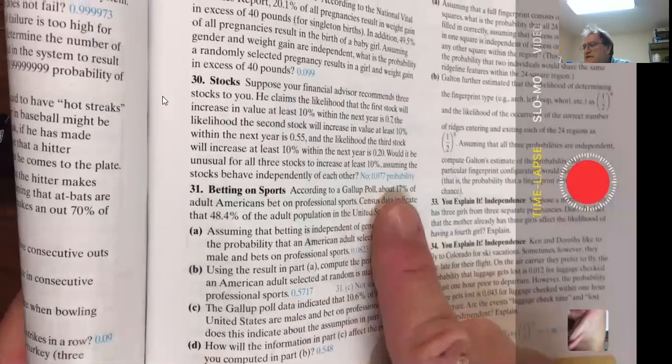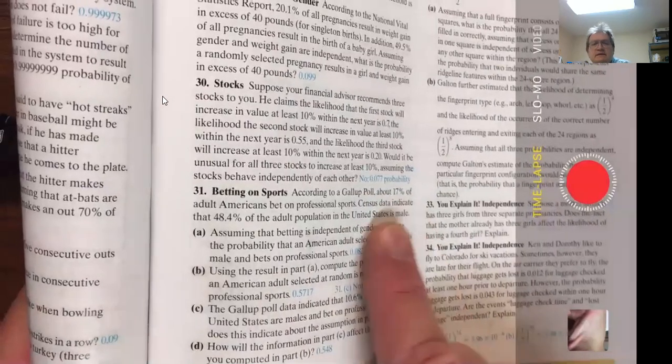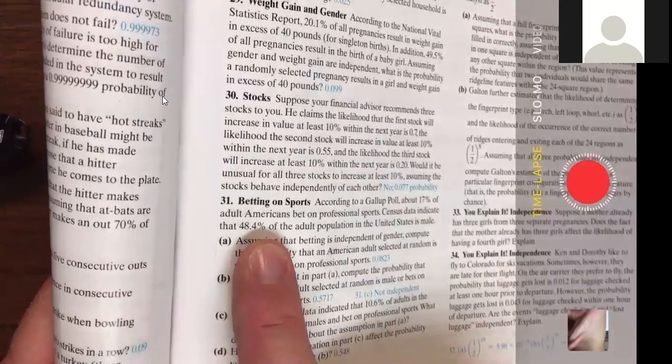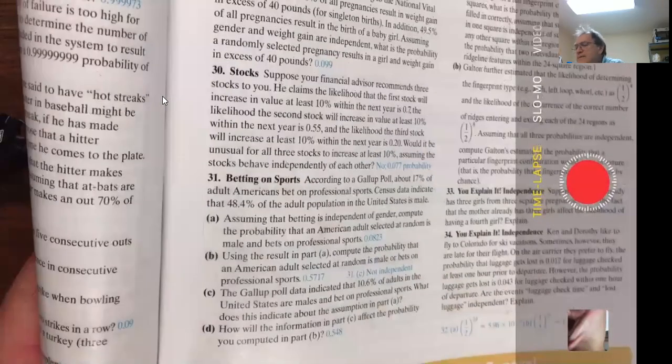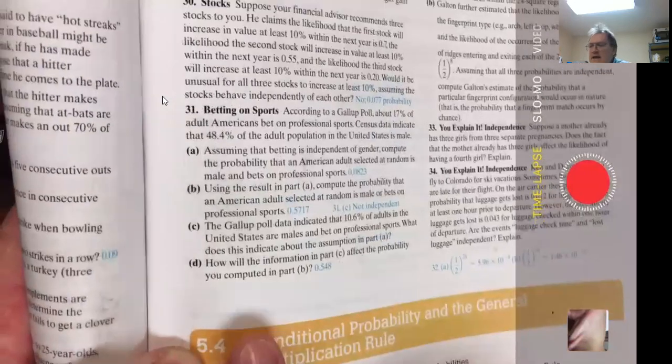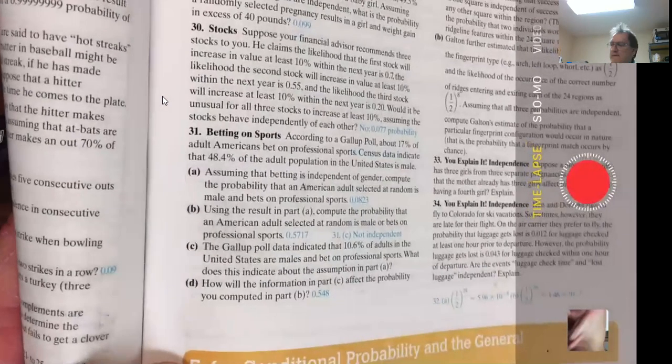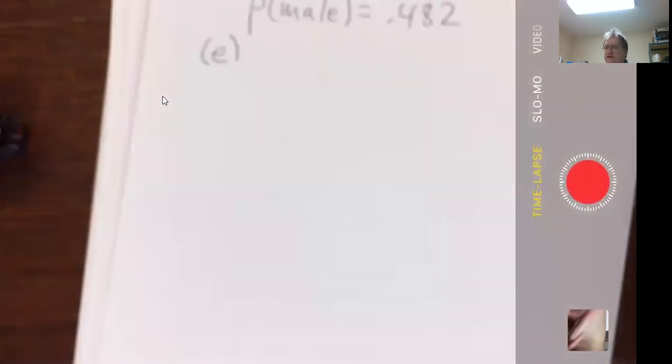They just changed the 17% to 18%. They changed the 48. Yeah, it's almost the same, except I don't have a part E. It ends at part D and then you charge into 32. So I'm blind on part E. What they asked you for.